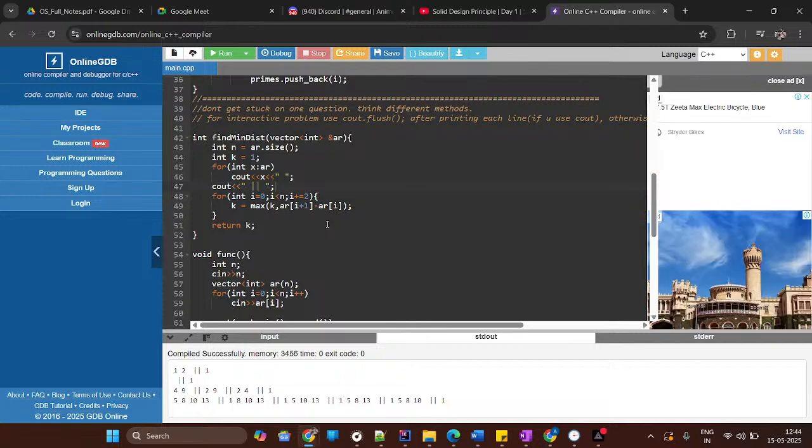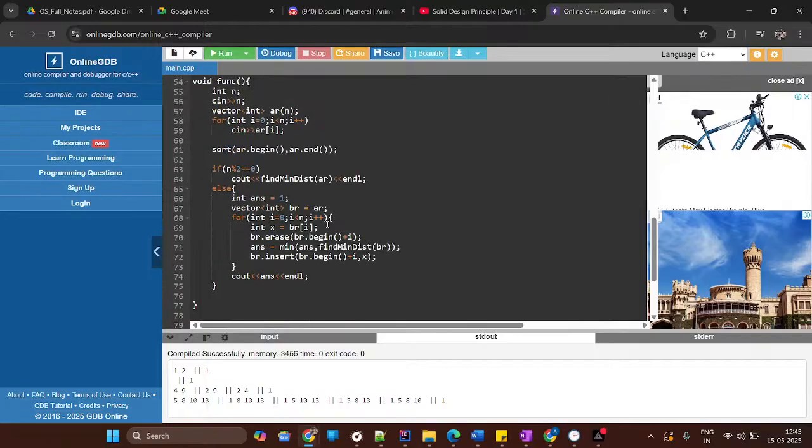It's returning k equals to max of k comma array I plus 1. And then it return. Oh, okay, okay, okay.